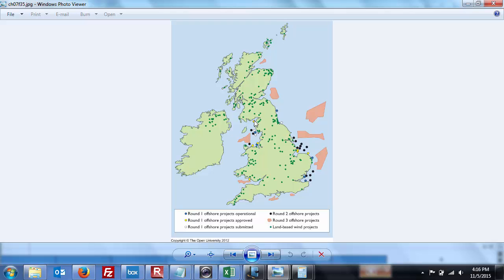The yellows have been approved. There's a few that have been approved. And then the whites, there's a couple of them here, have been submitted. And then here's another round two. The land-based in green, they're not listed as either being operational or permitted, but obviously plenty of land-based wind turbines in the UK.